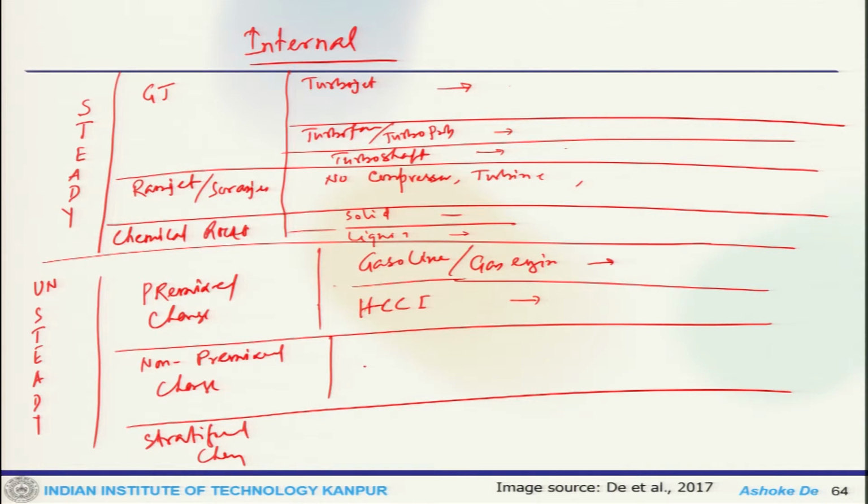So, in this case non-premixed charge, only air is compressed, fuel is injected into the cylinder, compression ignition system like a diesel engine, and in this case stratified, partially premixed charge, equivalence ratio changes spatially. So, there are nice differences among all these different engines.